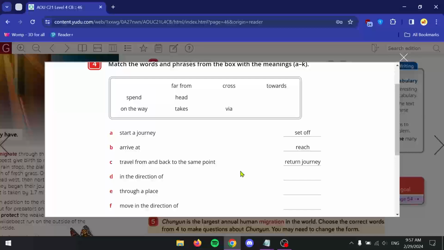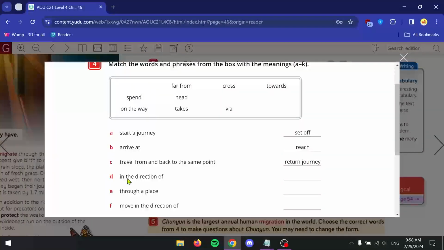So in the case of these animals, they make a whole migration process like a circle, and then they come back to their original place. Say, for example, you're someone that lives in Saudi Arabia, you've been living there your whole life, and you book a plane ticket to France, but that plane ticket is a return ticket. That means it pays for both you going to France and coming back to Saudi Arabia. Okay? So that is a return journey.